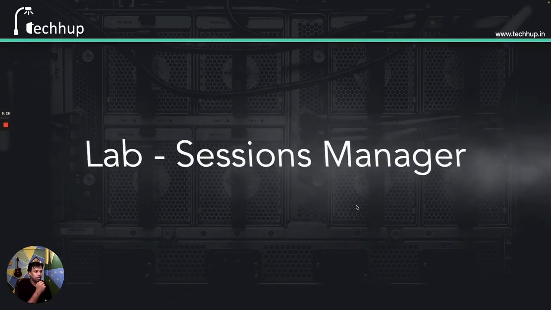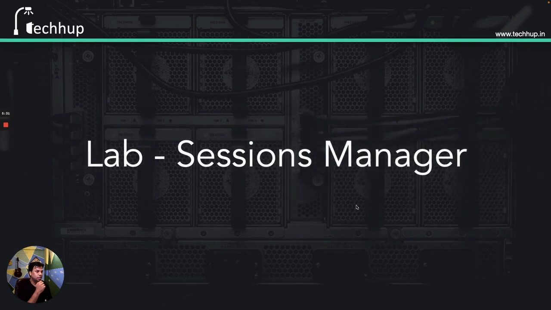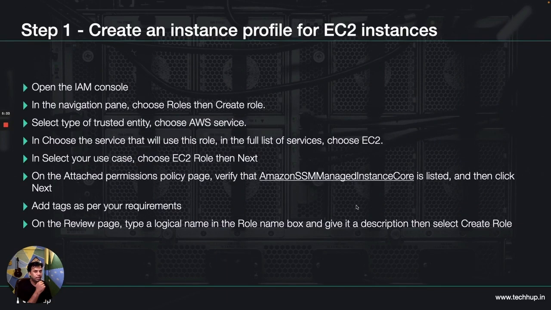Now coming on to the lab, we would be taking a couple of steps here. Number one, it would involve creating an IAM role, which we are going to attach to our EC2 instance, and we would attach the correct policies there for the SSM to work on your EC2 instance.